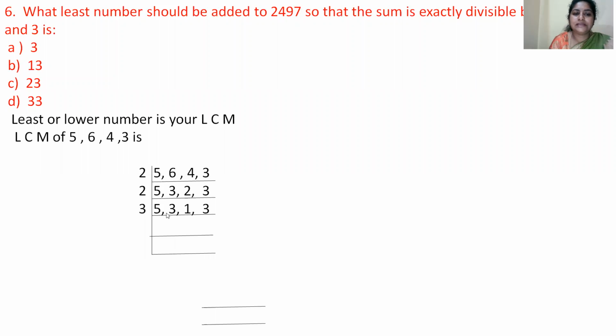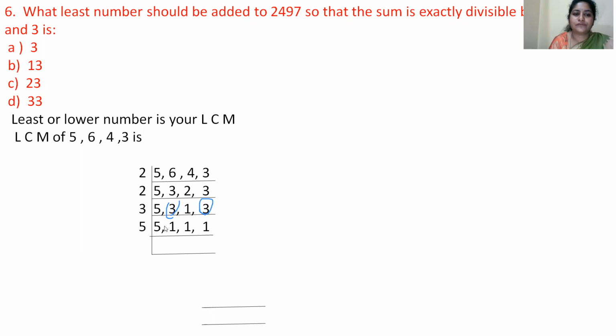Now among these numbers 5, 3 and 3, 3 is the lowest one. So we can divide 3 directly by 3. So 3 is the least multiple here. When we divide 3 and 3 by 3, we get 0 as a remainder, that is 3 ones are 3, 3 ones are 3.